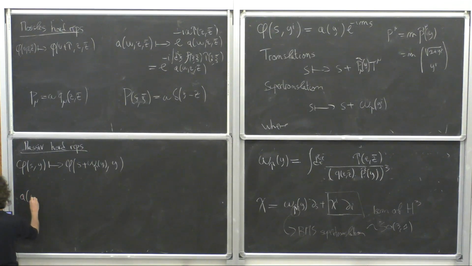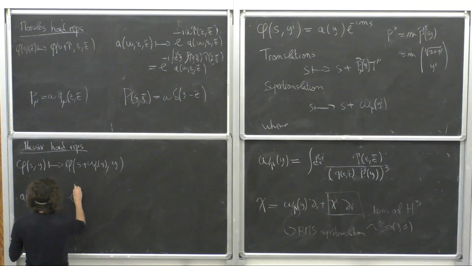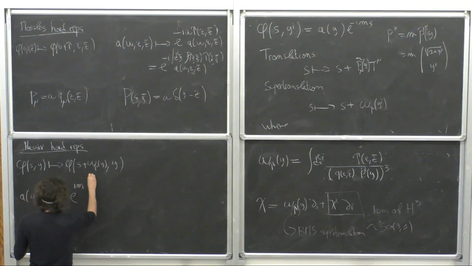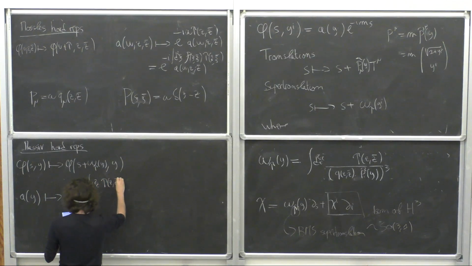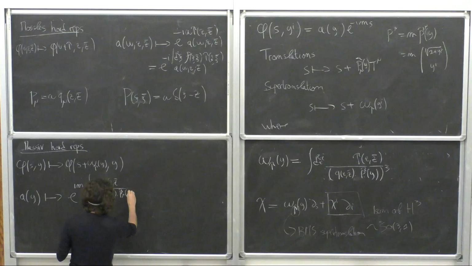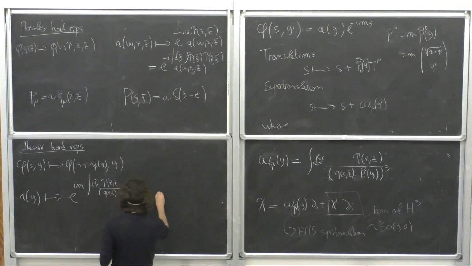just a of y is mapped to exponential i m integral d2z of curly T of z bar divided by q z bar dot p tilde mu of k of y, to the cube, a of y.